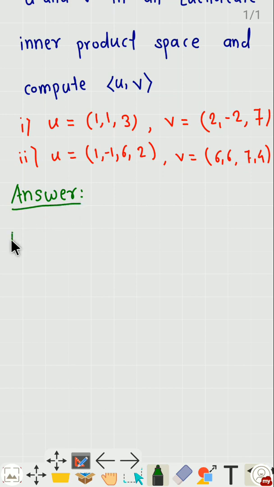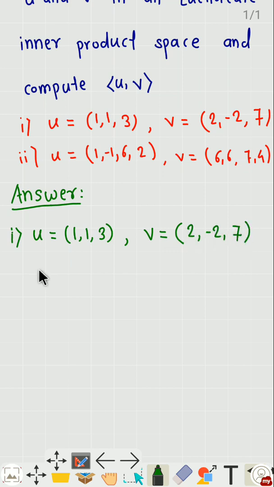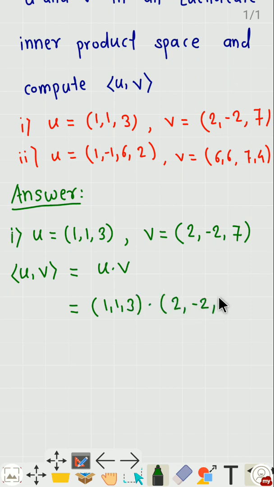Okay, first, vector u is equal to (1, 1, 3), and vector v is equal to (2, -2, 7). The inner product space is Euclidean inner product space, therefore the inner product of vector u with vector v is nothing but the dot product of these two vectors, so u dot v. So vector u is (1, 1, 3) dot product with vector (2, -2, 7).